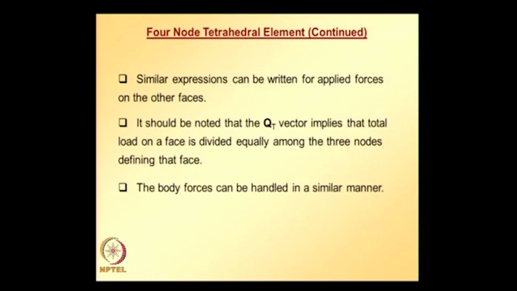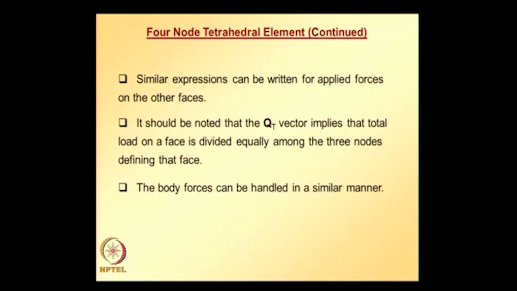We can easily put the contribution from each of the elements in the corresponding locations in the global stiffness matrix and get the global stiffness matrix and also global nodal force vector, and apply appropriate essential boundary conditions.